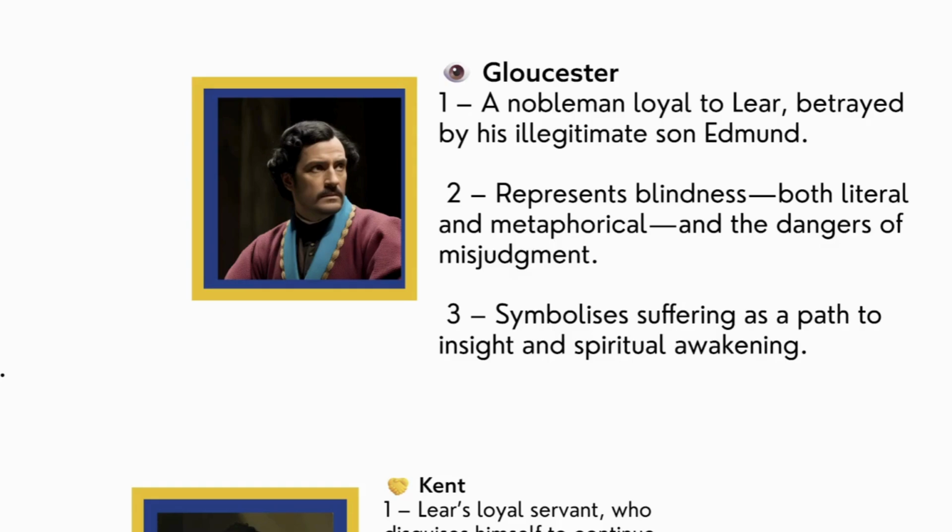So that represents blindness literally, but also metaphorically, being blind to the political dangers around you. That's what that really symbolises. And therefore symbolises suffering as a path to gaining insight and arguably spiritual awakening.